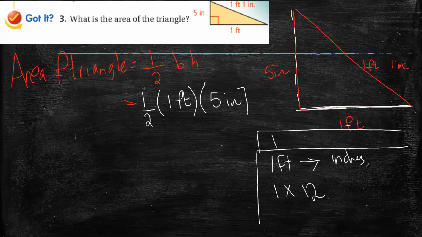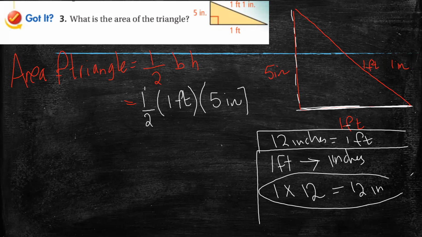Because, as we know before, each 12 inches equal 1 foot. So if you have 1 foot, it's equal to 12 inches. So the 1 foot here, I can rewrite now as 12 inches.